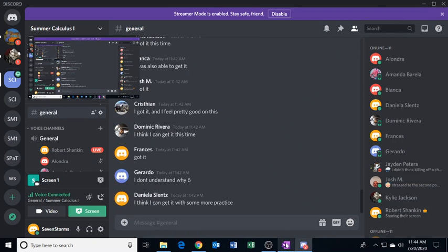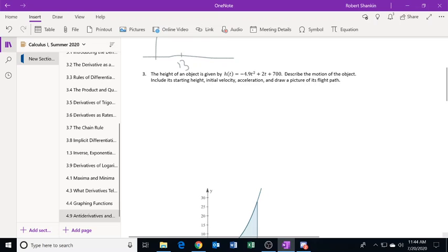Alright, let's go to the next one. The height of an object is given by that equation. Describe the motion of the object.